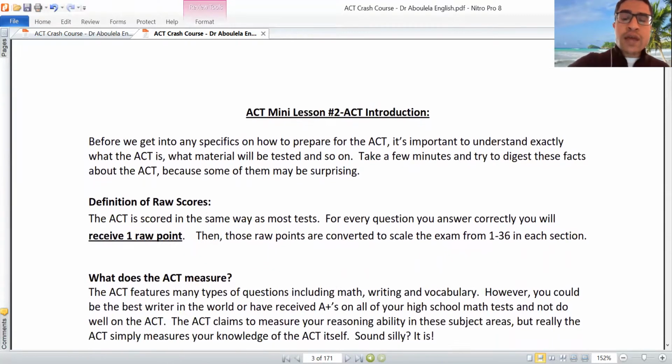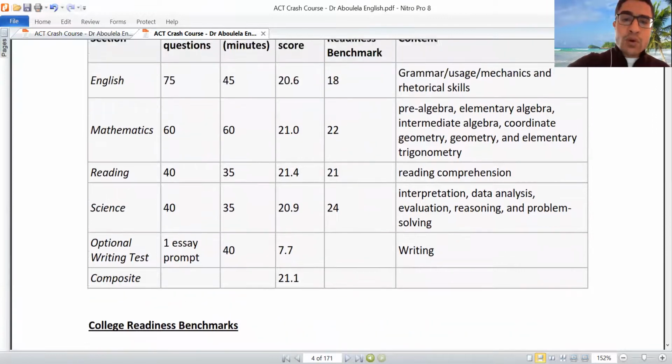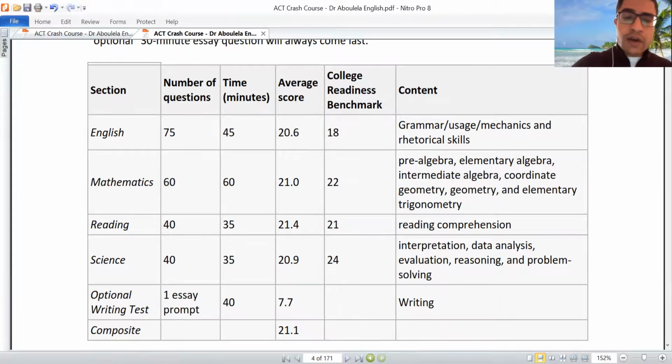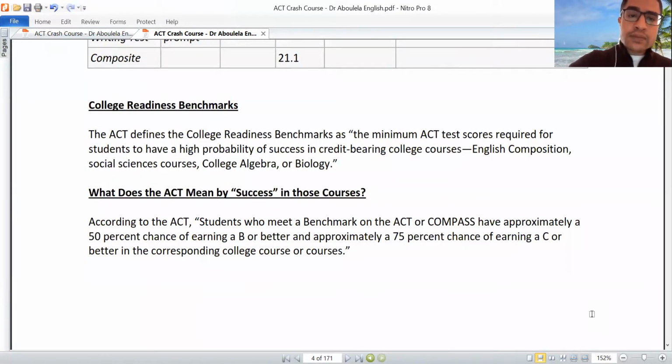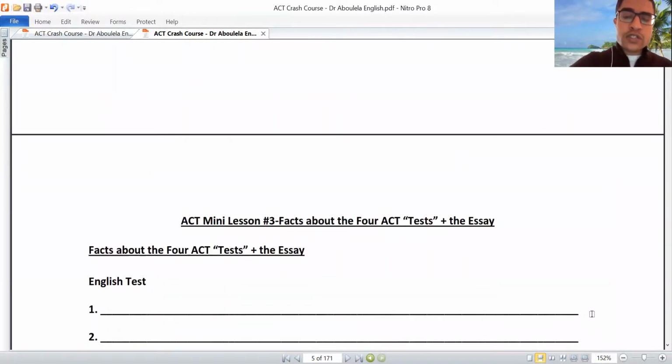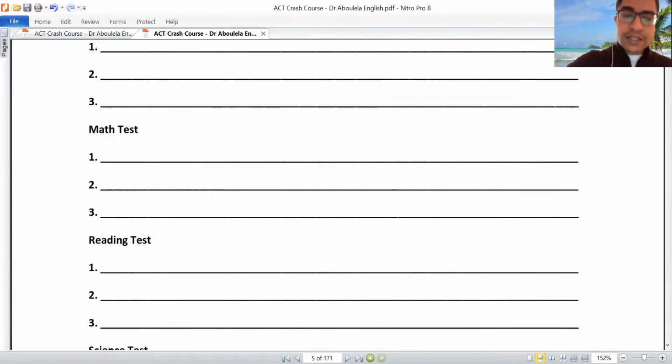I provide you with an introduction to the ACT in mini lesson 1, with more details about each section, the number of questions, the time in minutes, and the average score. There is something called the college readiness benchmark, and what content is covered here. We're going to answer some questions and talk about facts about the 4 ACT tests and the essay.